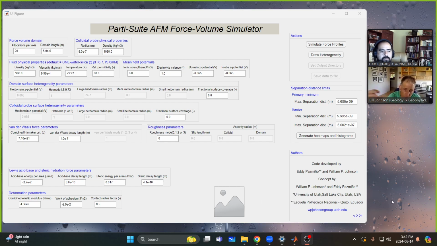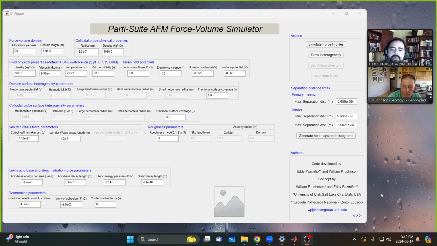In this module, you bring the colloid into contact, so at separation distances less than contact, in the range of less than a couple nanometers, depending on your steric interactions, you will start deforming the colloid. You will get forces and energies that deviate from an XDLVO profile at those close distances. That's actually very useful to know, and you get that here.